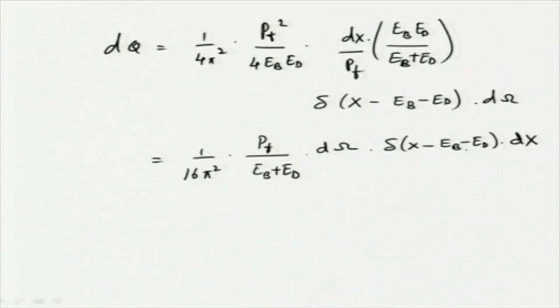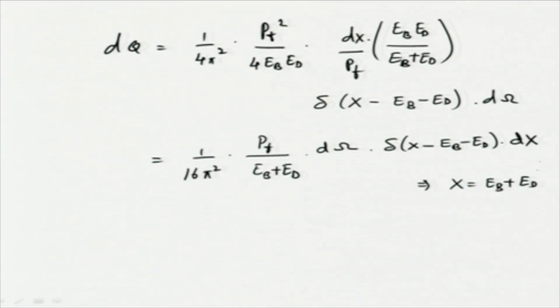So, without bothering about the rest of the factors coming with this, we can integrate this out because it is a delta function, and that will give you x equal to E_b plus E_d, since in fact this is what we had used earlier.